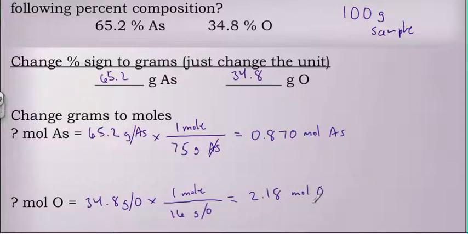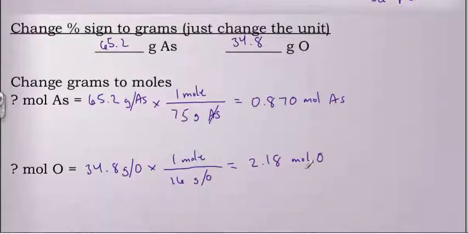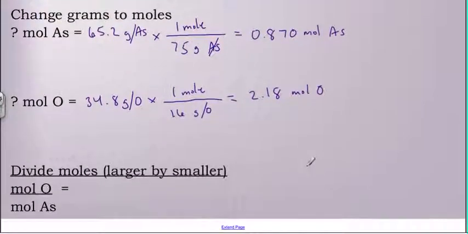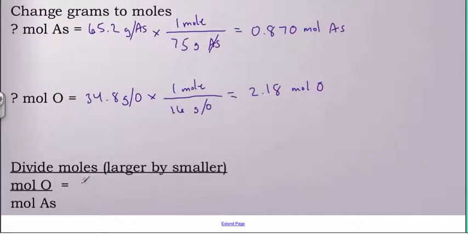My next step, if you remember from the last, is to divide the larger by the smaller. Oxygen is going to be on top this time, so we've got 2.18 divided by 0.87. The number I get is something like a 2.5 to 1 ratio. What we should notice is, can we really have half of an oxygen atom?